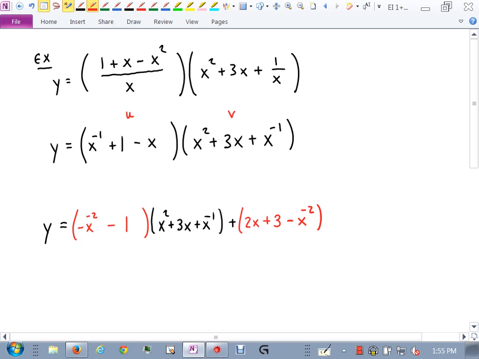Done? Times, right? We're not done. That's the thing I see people do, they say I got the derivative, and they forget there's a product rule going on here. You have to throw that last piece on. So times x to the negative 1 plus 1 minus x. Is that okay? The red ones are the derivatives. Derivative of the first times the second plus the derivative of the second times the first. F prime g plus g prime f.